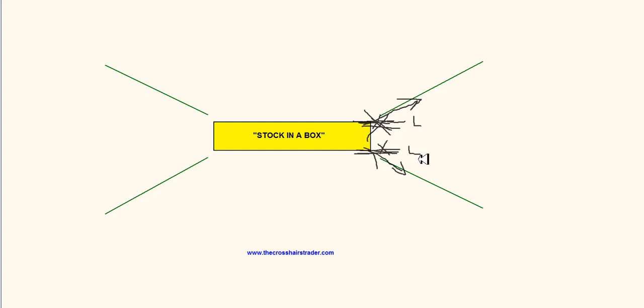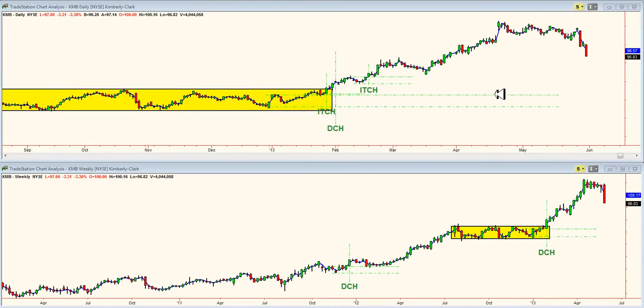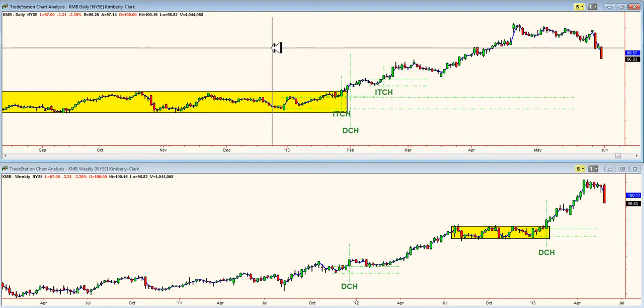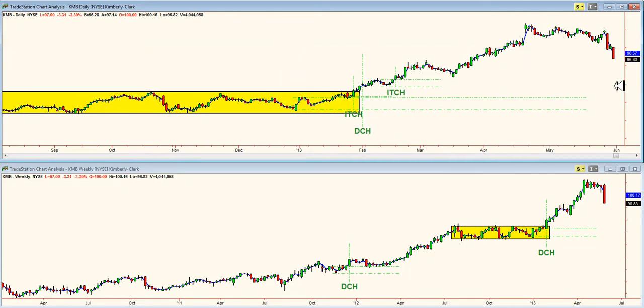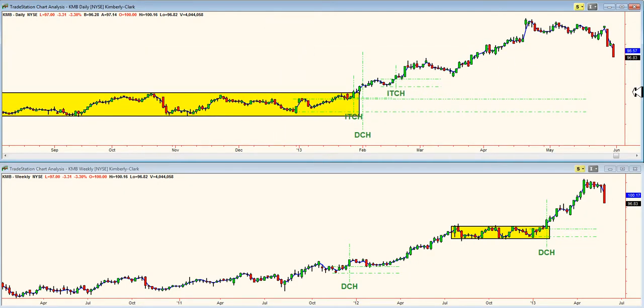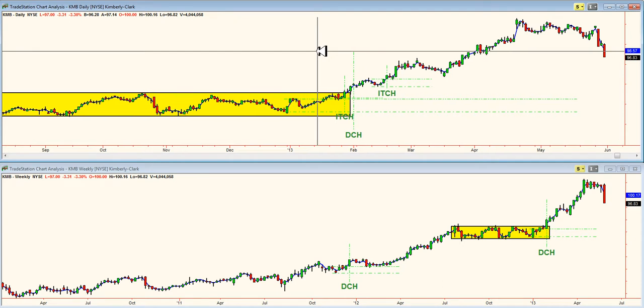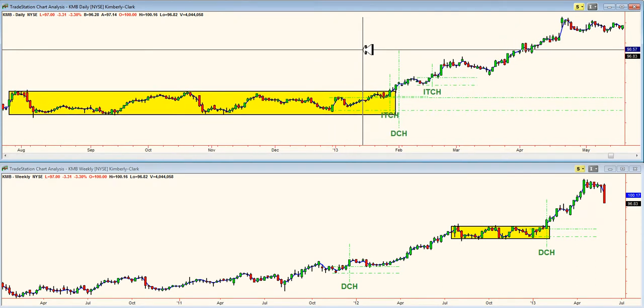All right. So let's take a look at some examples here from the stock market when we look at our stocks in a box. Now, as we were discussing stocks in the box, what I look for are several things.